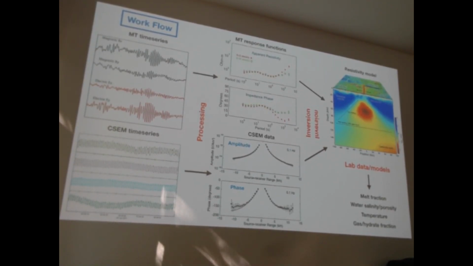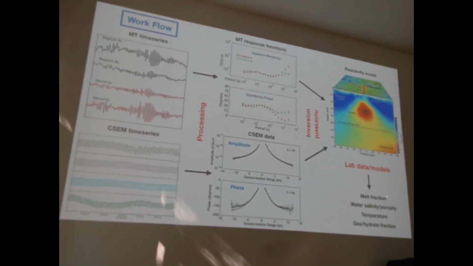But that's just electrical conductivity. What does that mean in terms of geology and physics of the Earth? Well, then you need laboratory measurements that relate electrical conductivity to other things like water content, temperature, melt content or chemistry.